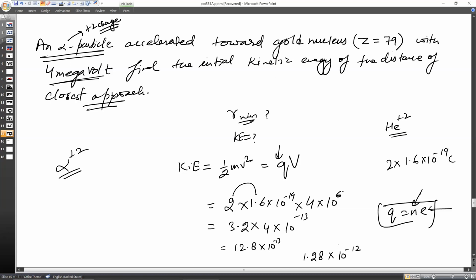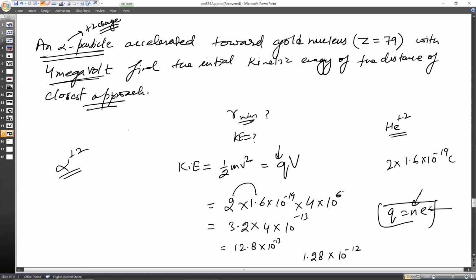This particular question, actually, we are just studying the closest approach. For example, when the alpha particle is moving toward the nucleus, towards the gold foil, there is a level up to which the alpha particle can reach towards the nucleus of the gold atoms, the gold nucleus.